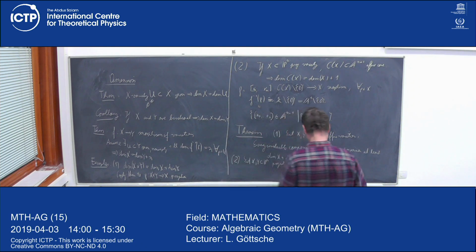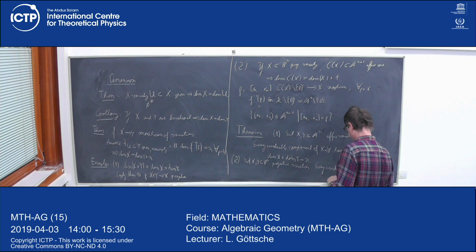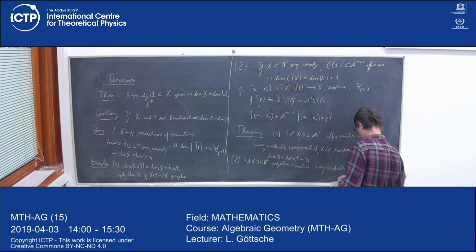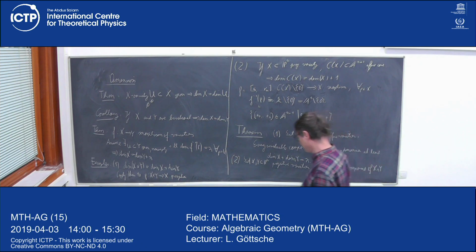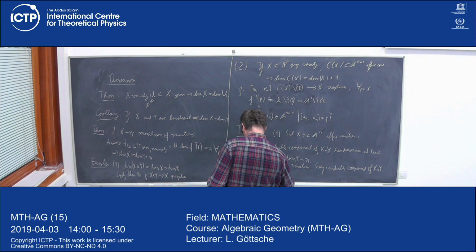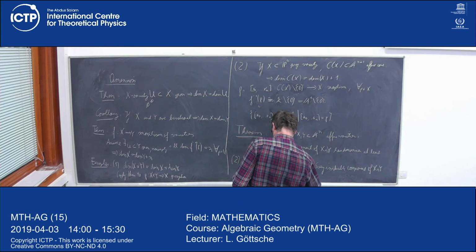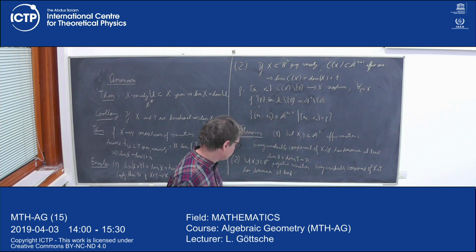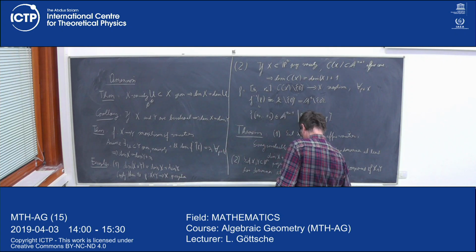So then again, every irreducible component of X intersected Y has dimension at least, so it could be larger, but it's at least the dimension of X plus the dimension of Y minus n.